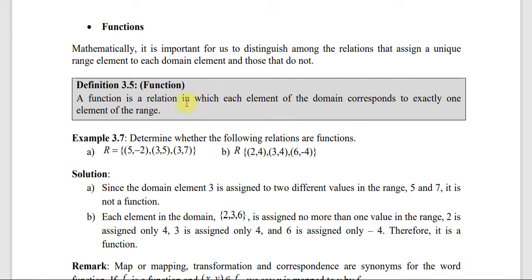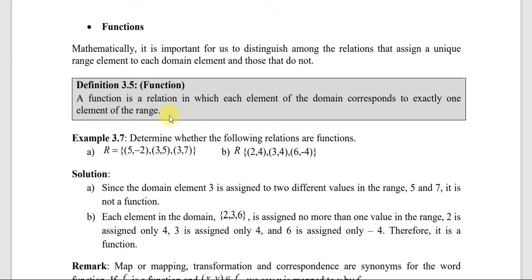A function is a relation in which each element of the domain corresponds to exactly one element of the range. Okay, each element of the domain, look, each element of the domain corresponds to exactly one element of the range ይለናል። One element of the range definition one ያዟት። Okay so this is the definition of function.